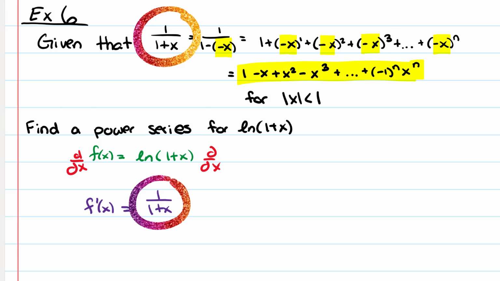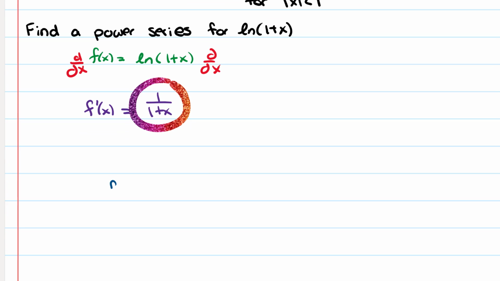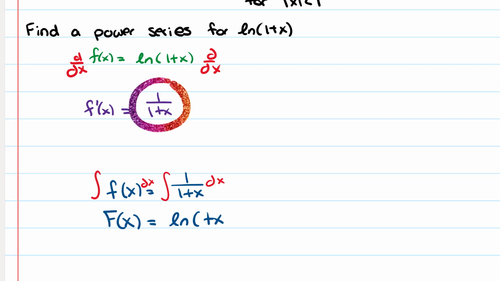Okay, so that means that if we have f of x equals 1 over 1 plus x, and we integrate both sides with respect to x, then we get that capital F of x is equal to ln of 1 plus x. And the whole idea here is to see a relationship to something you know.